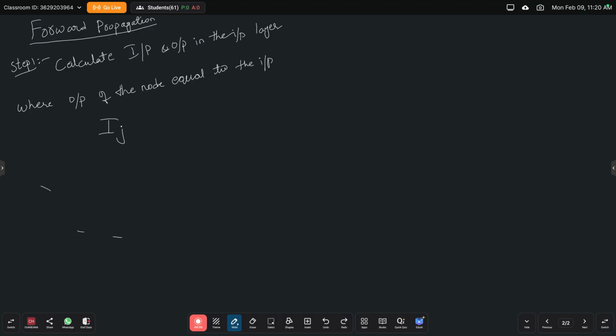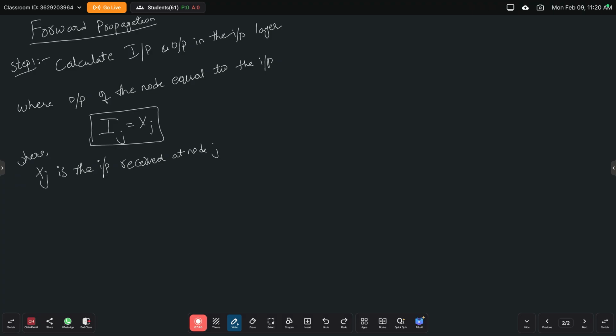Ij equals xj. This is the first step, where xj is the input received at node j.